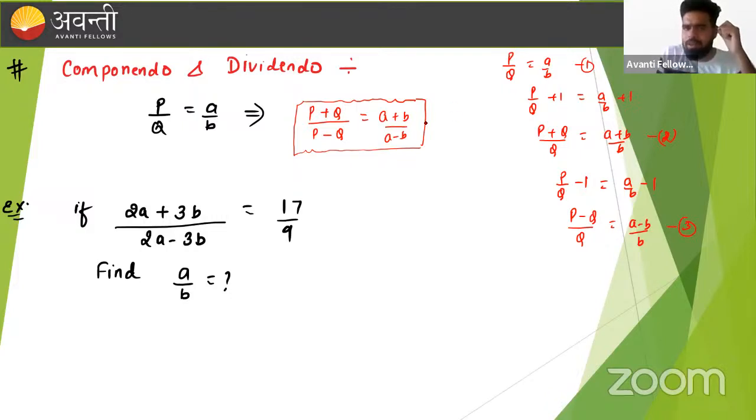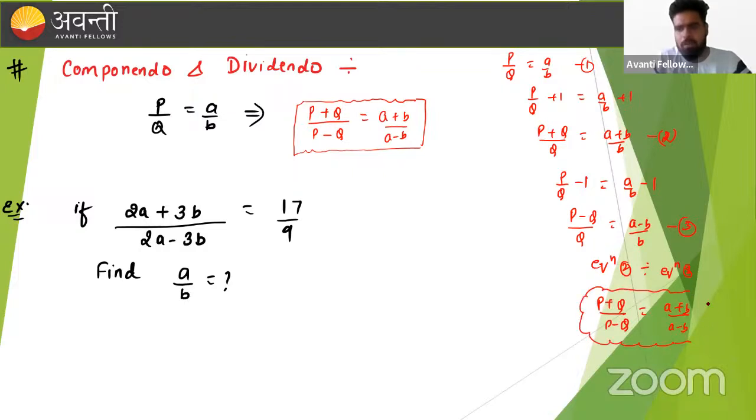In order to get this result, if we divide equation number 2 by equation number 3, what can we write down here, beta? P plus Q divided by P minus Q equals A plus B divided by A minus B. I hope you can understand the logic behind why I am writing this here. Okay? Yes. I hope this is clear to everyone.